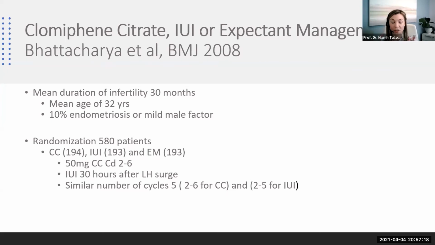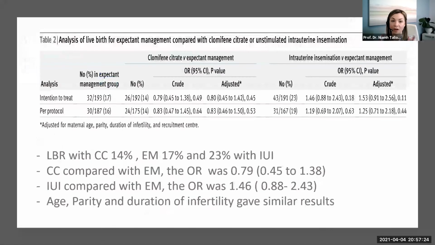Insemination took place within 30 hours of the surge, and they did up to about 2 to 5 cycles in each arm. What they showed was that when you compared Clomid with expectant management, there was a decrease in overall pregnancies, and IUI compared with expectant management was slightly increased, but not statistically significantly so. When you looked at age, parity, and duration of infertility, it gave the same results.